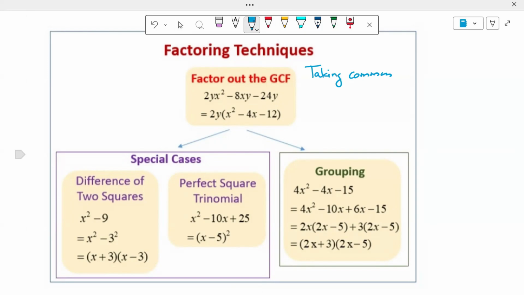We are going to check what is the greatest common factor present. All three go in the table of 2, so 2 is our common. Then they all carry y, so y is common. So we take 2y common and we are left with x square minus 4x minus 12 inside the bracket.